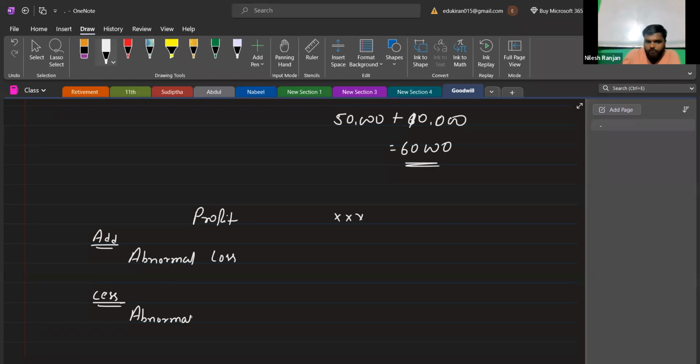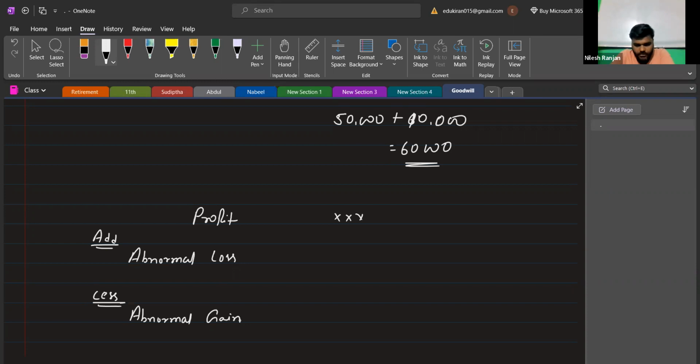Now, can you tell me why we are adding abnormal loss? Because loss should be deducted from the profit, yes or no? Yes, sir. So why are we adding abnormal loss or abnormal gain? Because this creates confusion. Sometimes it is given in the question like profit for the year and abnormal loss.